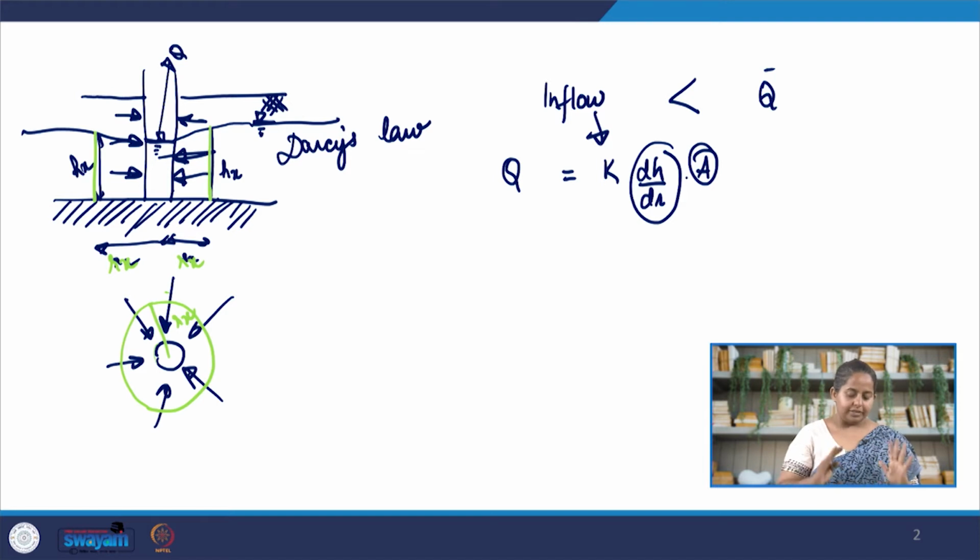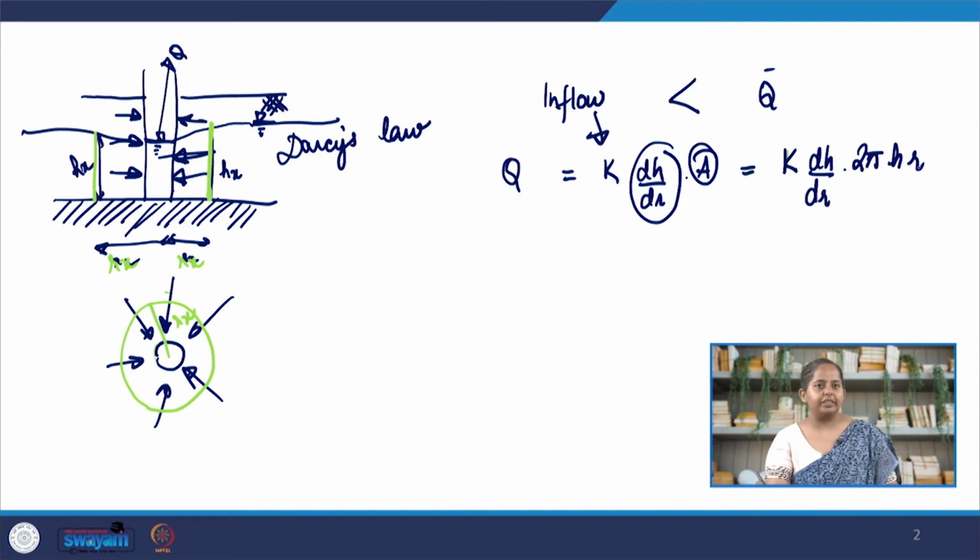So, the surface area of this cylinder, the green cylinder with height Hx and radius Rx, is the area through which the water is moving in. Right. So, now we can separate the variables and integrate them. Let's bring R on the left hand side.